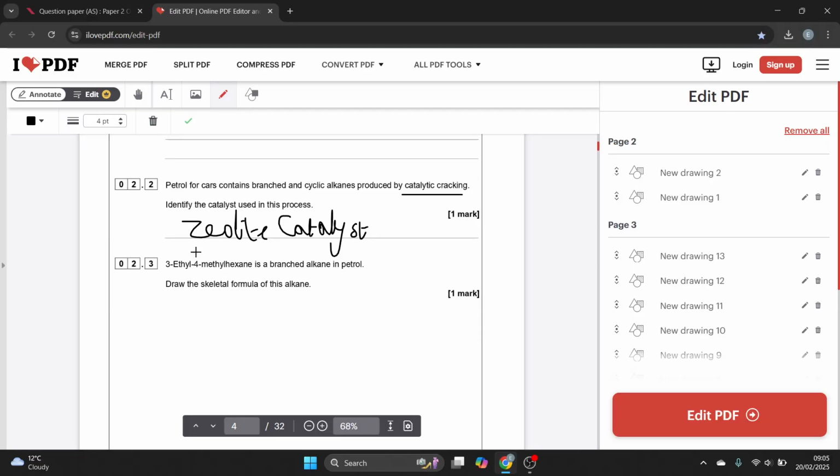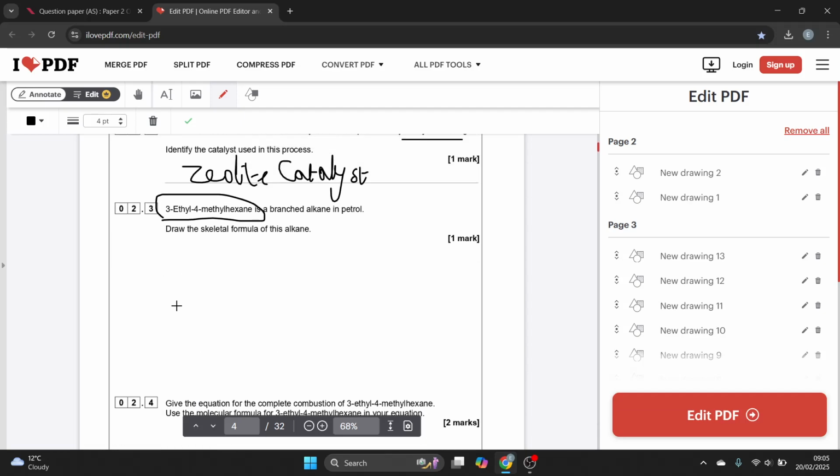Draw a skeletal formula of the alkane 3-ethyl 4-methyl hexane. So hexane firstly, 1, 2, 3, 4, 5, 6. We've got 3-ethyl and then a 4-methyl. That shouldn't be there.